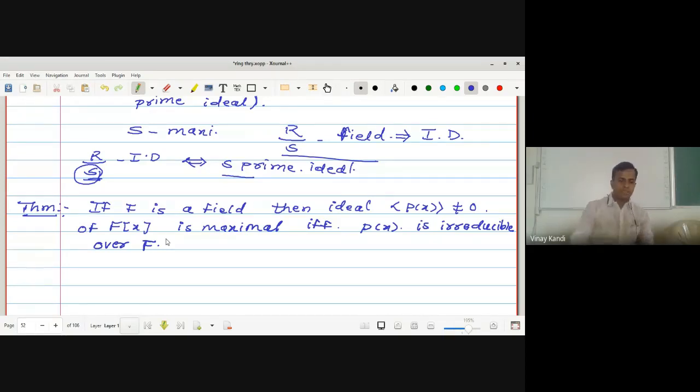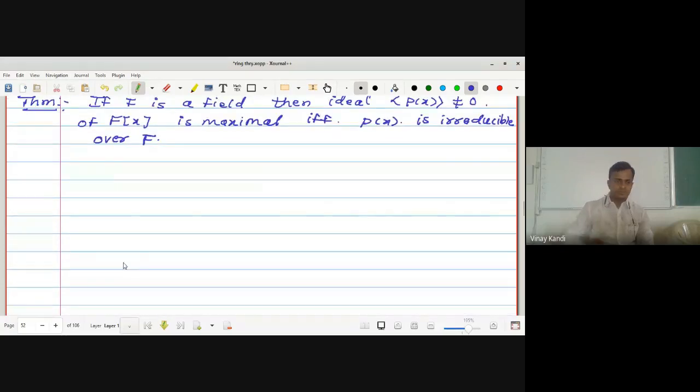Let us see the proof. Only if part. First part, that is the only if part.